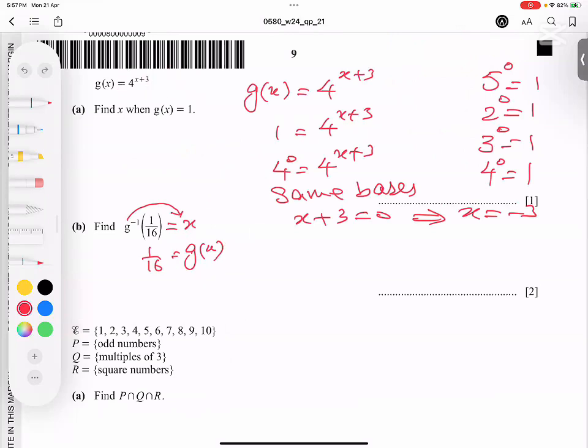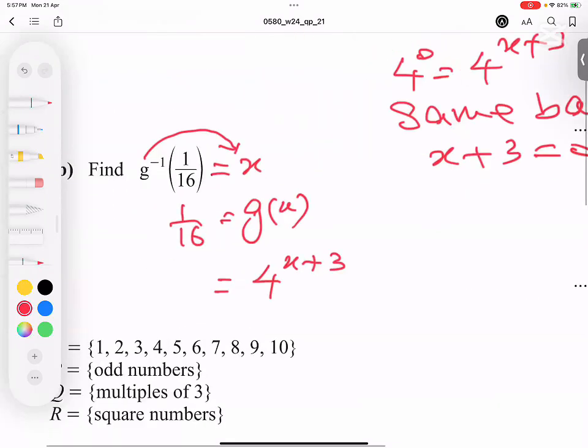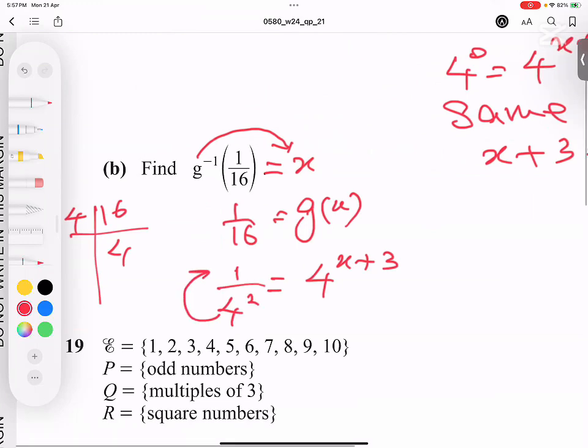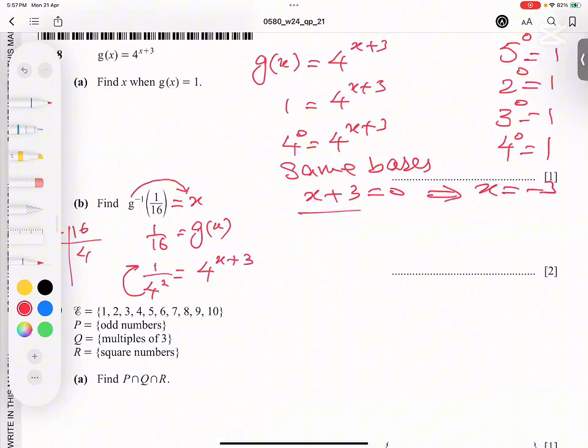So I'm writing here 4 to power x plus 3. What is 16? You know it very well. 16 is 4 fours. I'm writing here 4 to power 2. When I bring it up, what happens then? It turns out to be 4 to power negative 2, and 4 to power x plus 3. Same bases.